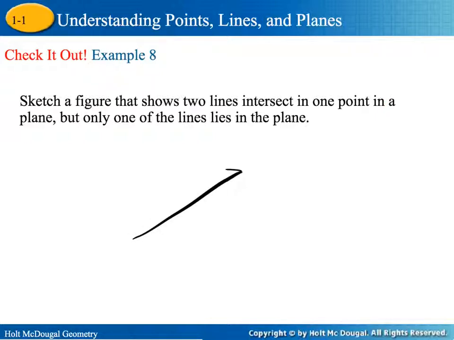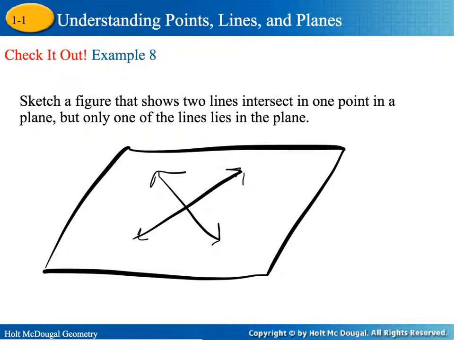I could show this, and then I want to draw it in a plane. Well, here's my plane. But notice what this last part says: only one of the lines lies in the plane. So this isn't going to work. I'm going to squeeze this out of the way so I can draw a better example.